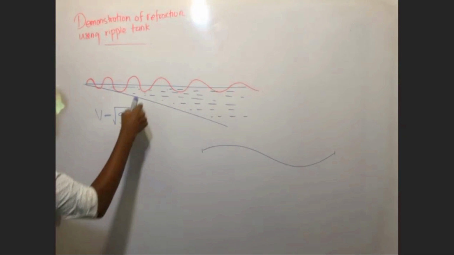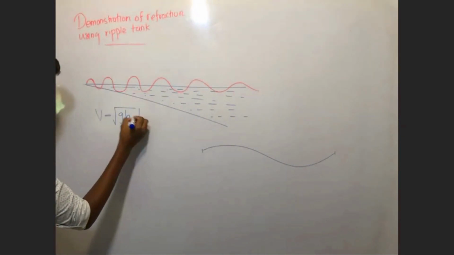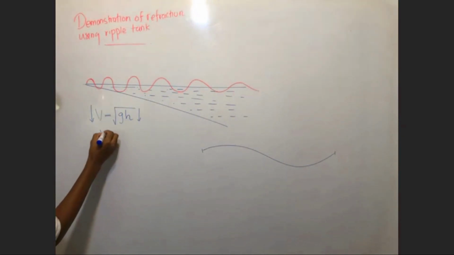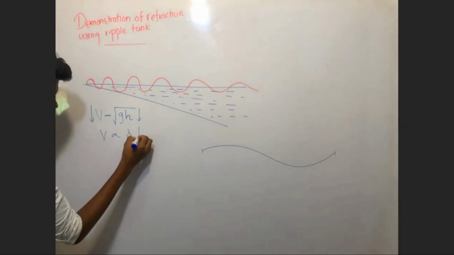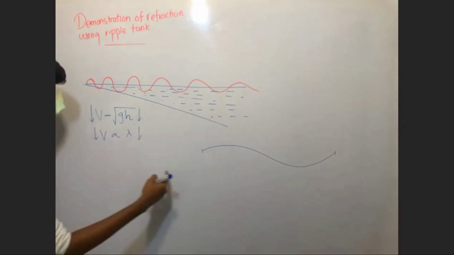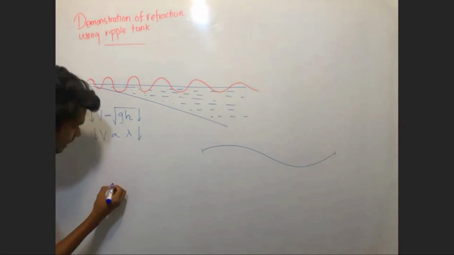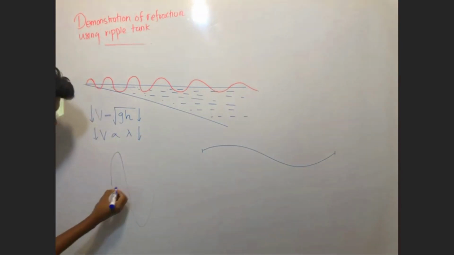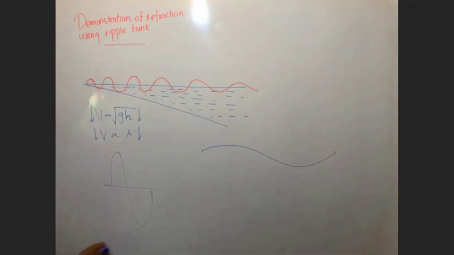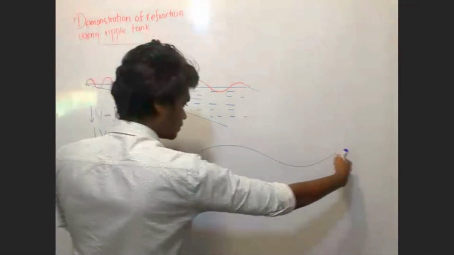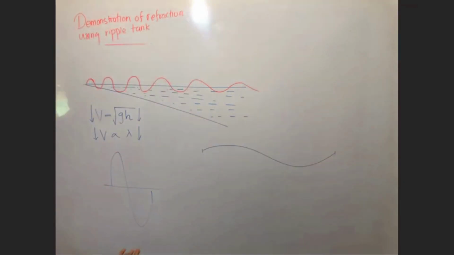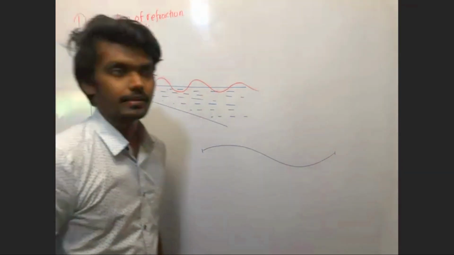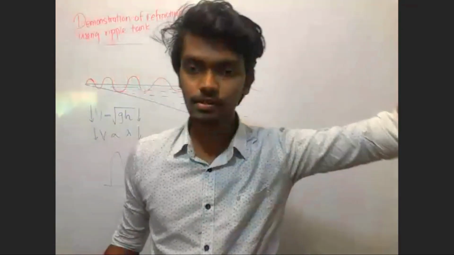Height decreases at the shore, velocity should decrease. If velocity decreases, lambda should decrease. If lambda is supposed to decrease, it should contract. This is why large waves form at the shore.